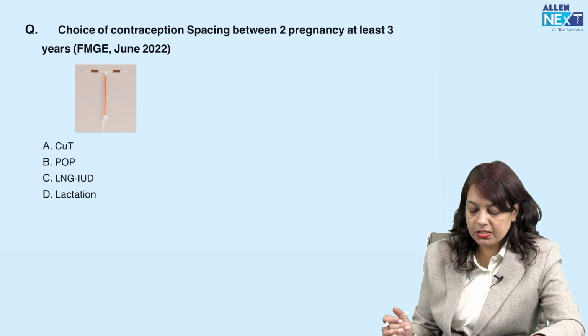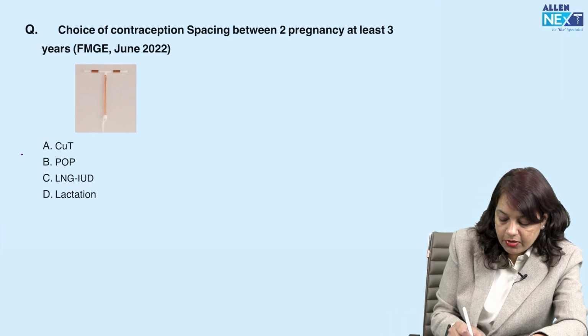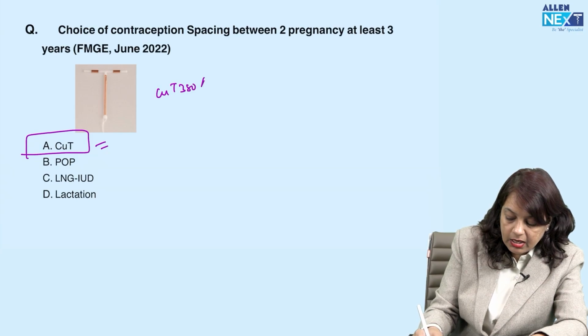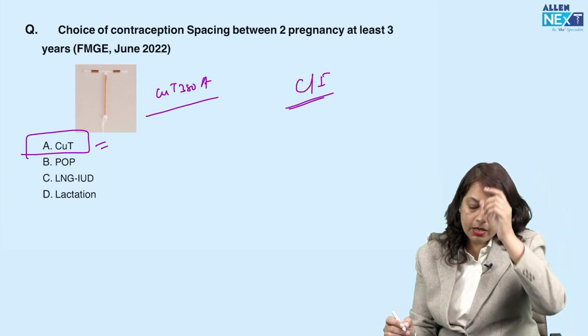Choice of contraception, spacing between two pregnancies at least 3 years, is always a Cu T. So this is Cu T 380A. You are supposed to remember the contraindications of IUCD.